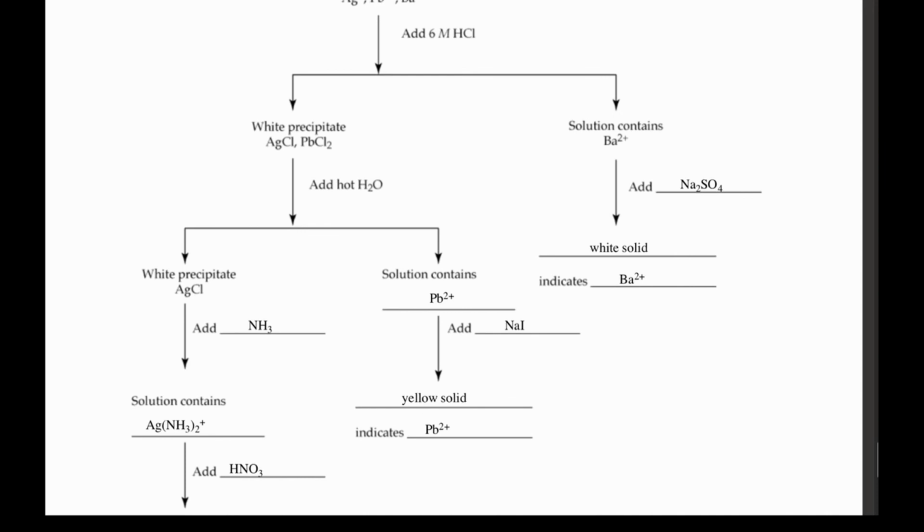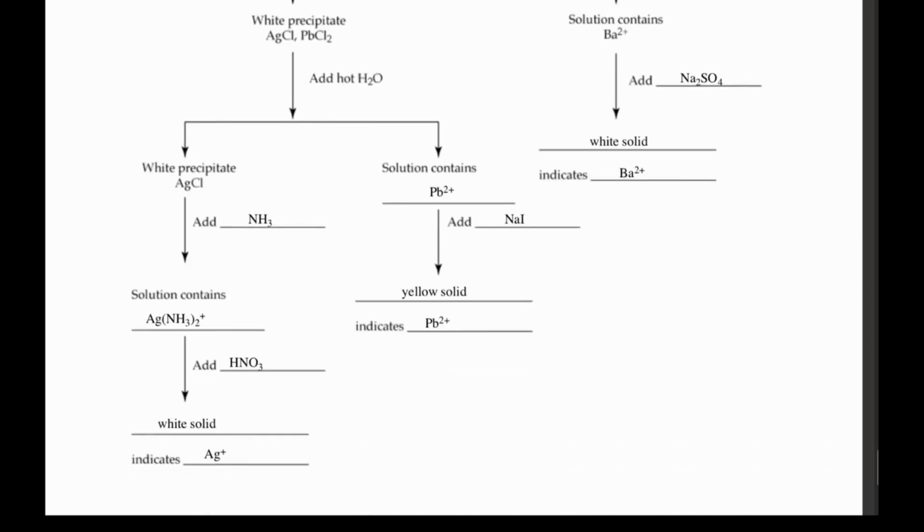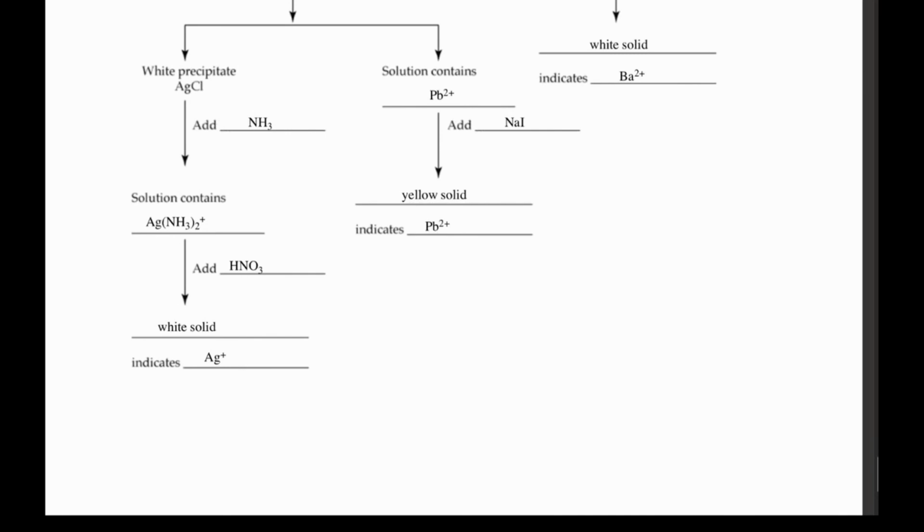Going back to the solid, we heat it, so that's that hot water, and we get the silver chloride to remain as a solid, but the lead part of it will dissolve. Now, to test for sure that we have lead present, we add a source of iodide. It is sodium iodide, and we get that yellow solid. That indicates Pb2+. Okay, so going back to the white solid, the silver chloride solid, we would add ammonia to it, and then the solution now contains the silver ammonia complex, as shown there.